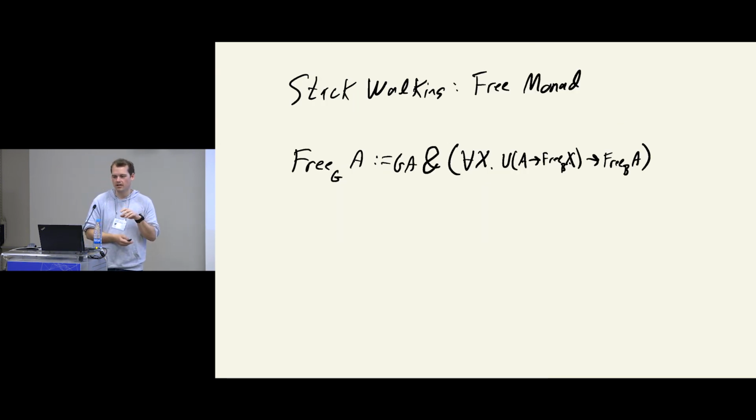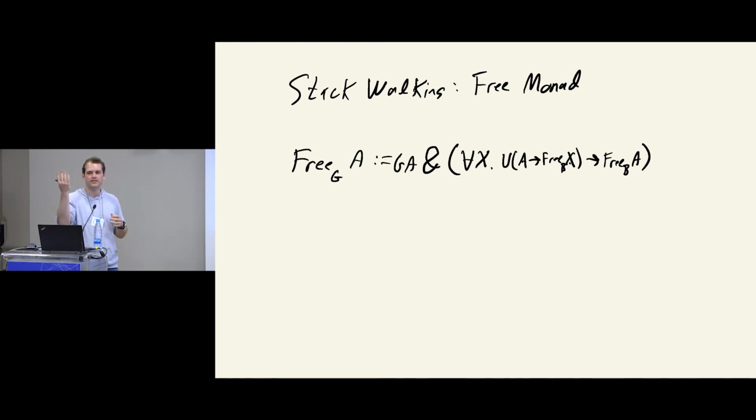Well, that's a little more complicated, but the idea is that it's some kind of free monad. And so the free relative monad generated from G, which is a type constructor like our EFF in this case, on A is basically, I offer you the choice.